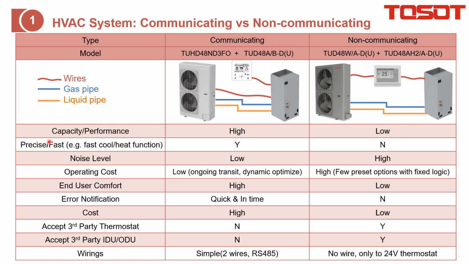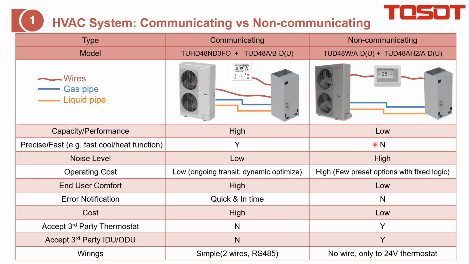From the capacity and performance comparison, this one is higher and FlexX is lower. Also the precise control, which refers to the force output, fast cooling and fast heating: this one is available, this one is not available.